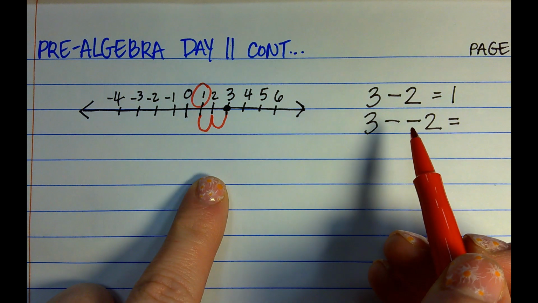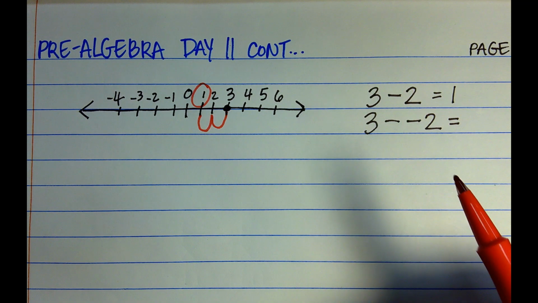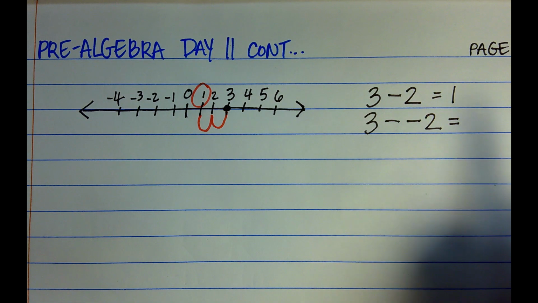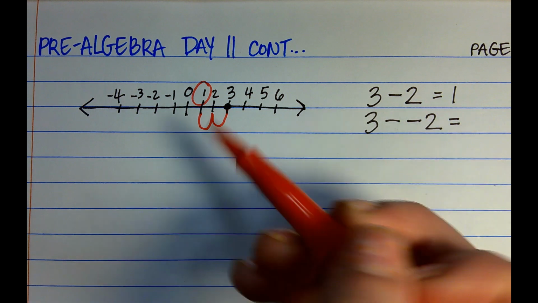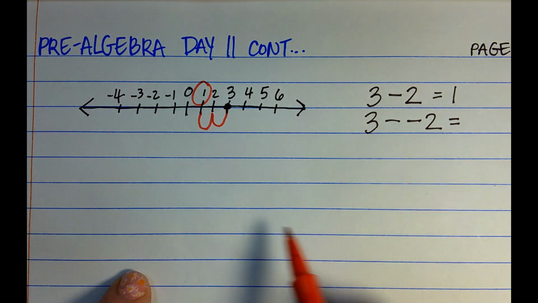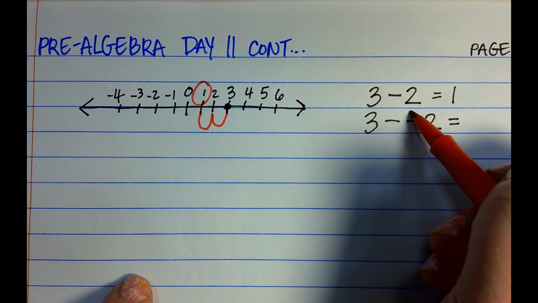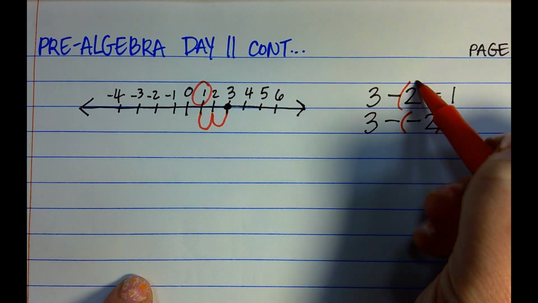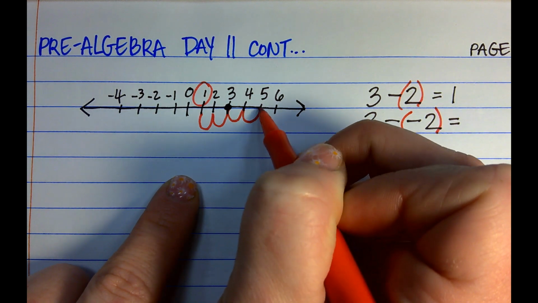If negative 2 is the opposite of positive 2, then we need to move in the opposite direction as well. So 3 minus 2, I go left 2, I get 1. 3 minus negative 2, I'm moving to the right instead because negative 2 is the opposite of positive 2. So I'm going to go from 3 to 4 to 5.